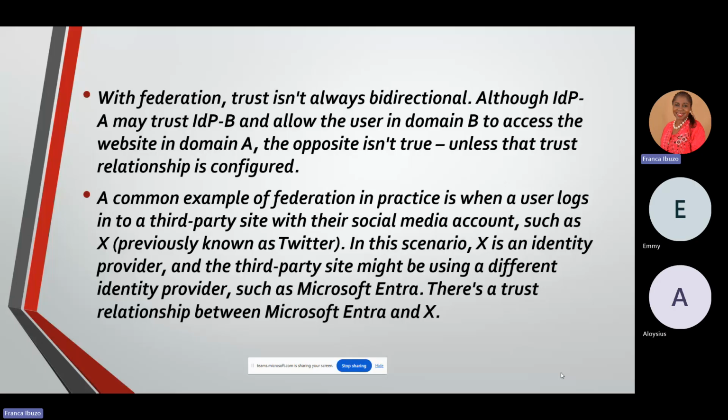So a common example of federation in practice is when a user logs into a third-party site with their social media accounts, such as X, previously known as Twitter. In this scenario, X is an identity provider, and the third-party site might be using a different identity provider, such as Microsoft Entra.